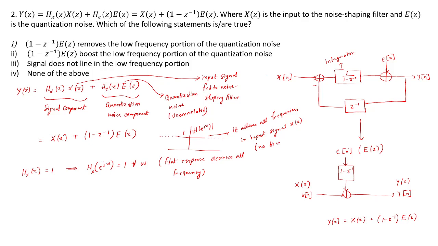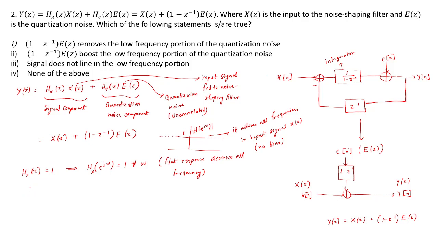No bias. I mean, when I say no bias, I mean it is not frequency selective. That is, it allows all the frequencies in the input signal X(z) in an equivalent manner. It has no particular bias towards higher frequency or lower frequency. In other terms, it's not frequency selective, so it passes all the frequencies.